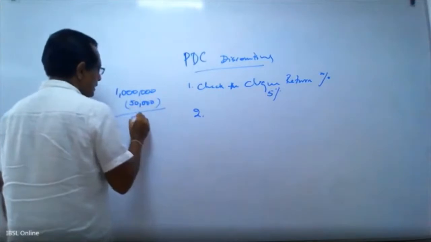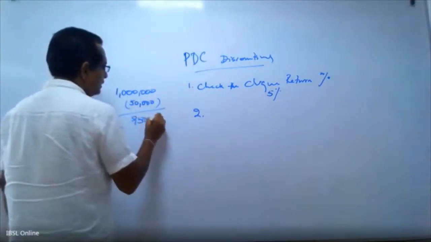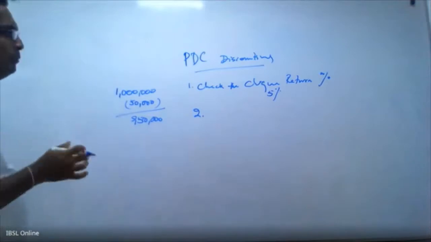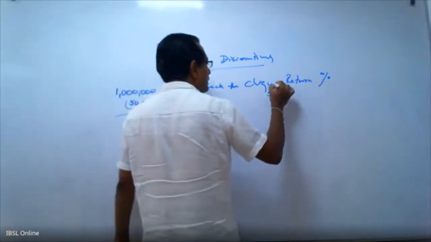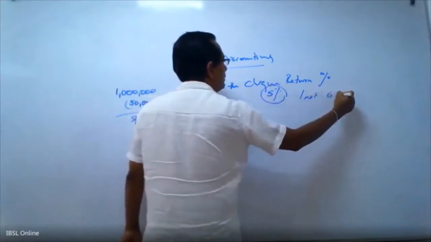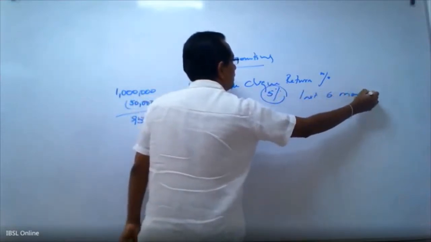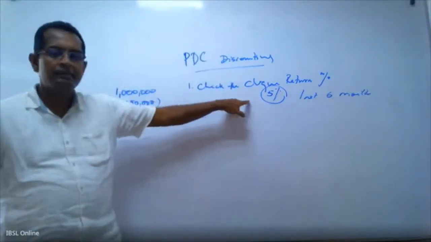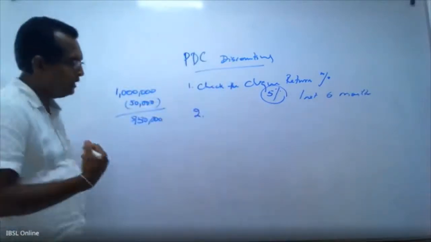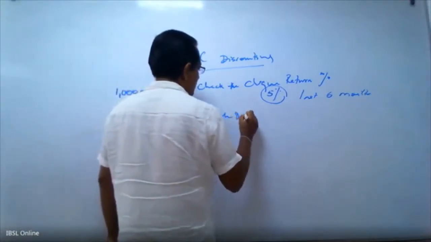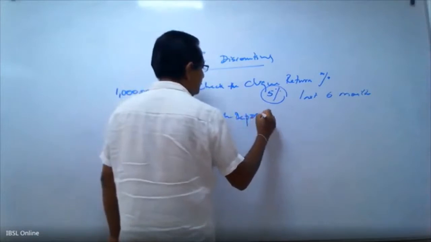So 950,000. Okay, we work on the check return percentage for the last 6 months, right? This is the meaning of that. Then we get a cash deposit.